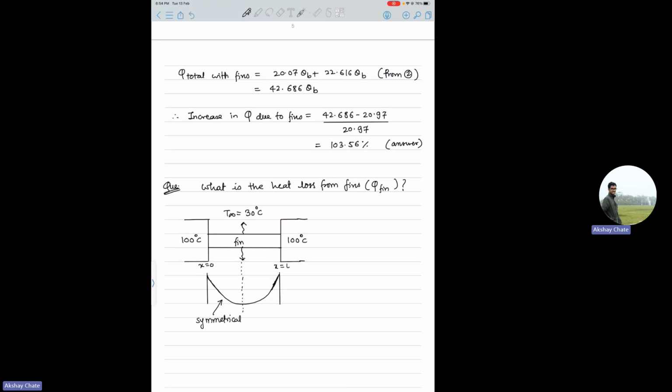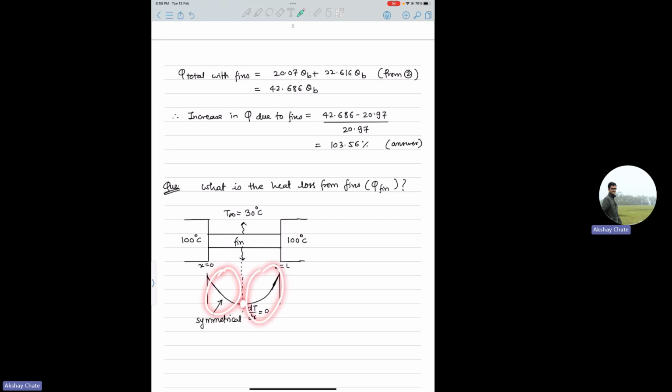Symmetrical distribution, and at the midpoint your dT by dx will be 0, because it has to be, otherwise the temperatures won't match. In this part the temperature is decreasing and then it has to increase, so there will be a point at which the slope becomes 0. Here the slope will be negative and here the slope will be positive.